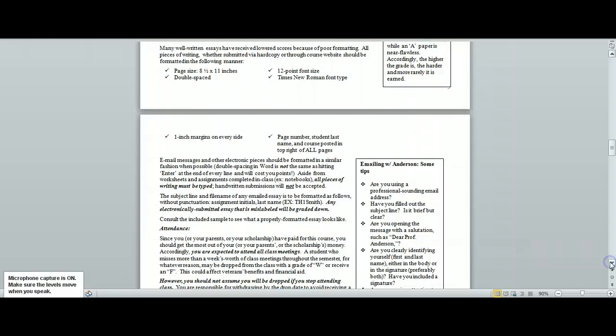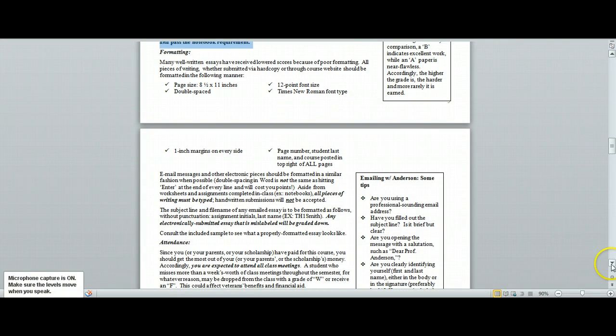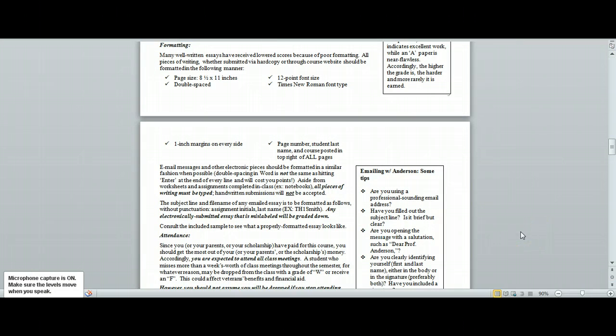Formatting. So early on in the course, you're going to get a worksheet called Formatting for Your Major, and chances are it's going to be available on the course management website, whatever we're using for that. You may have already gotten it, and I actually may end up developing a video just for that one, but we'll see.